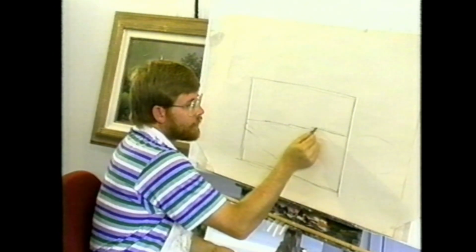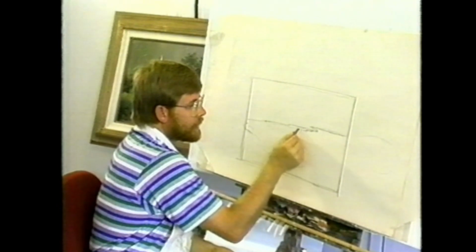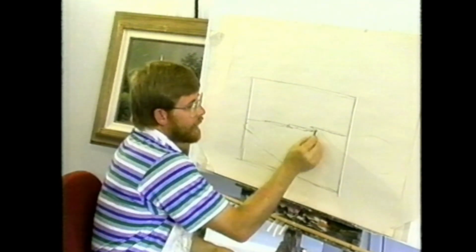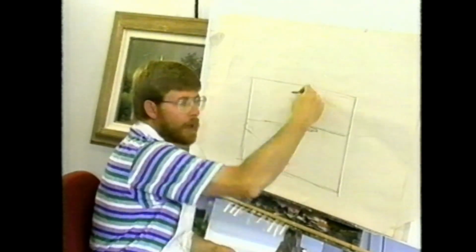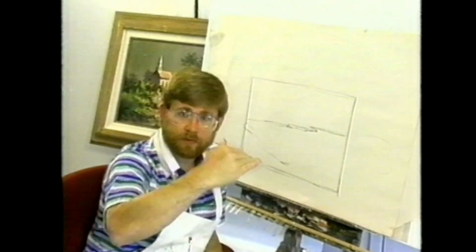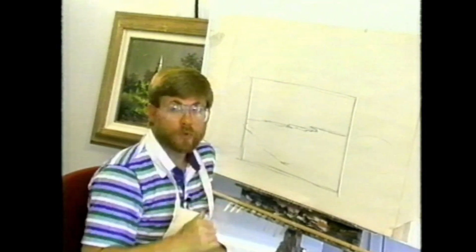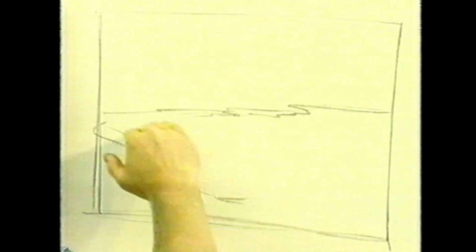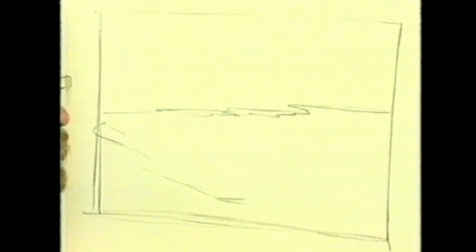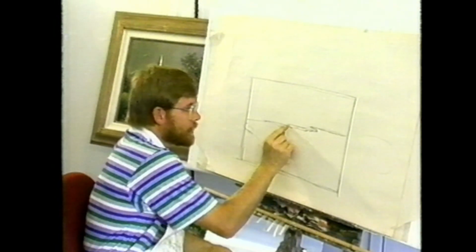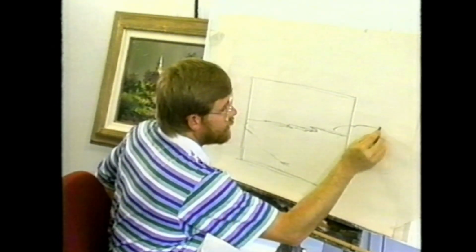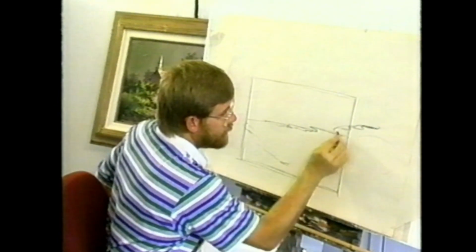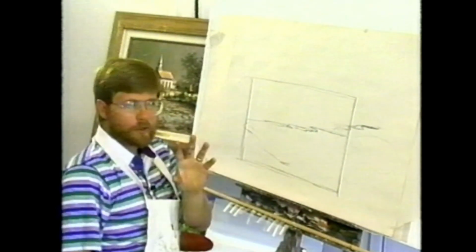Every time you change direction in a water, always make these little peninsulas. And every time you change direction, see, it's a little bit more of a parallel stroke with the top and bottom of your canvas. That's what makes it look flat. Okay? You have to have parallel lines in order for something to look flat. Okay, that's very, very important. So every time you change direction, you don't go like this, you go like this and create parallel lines, okay? Just a little food for thought.